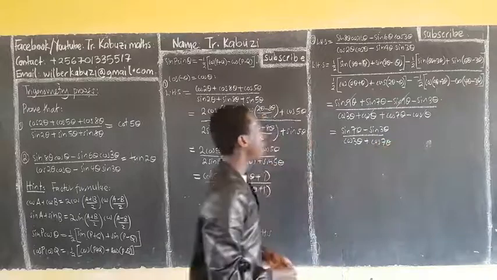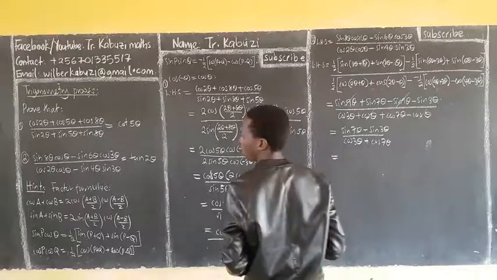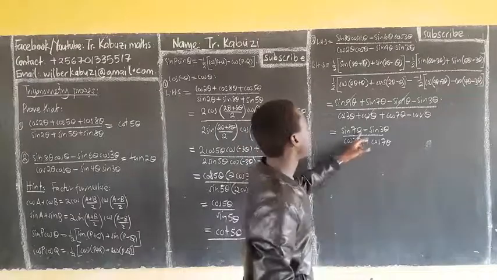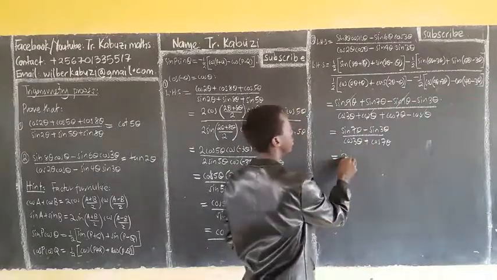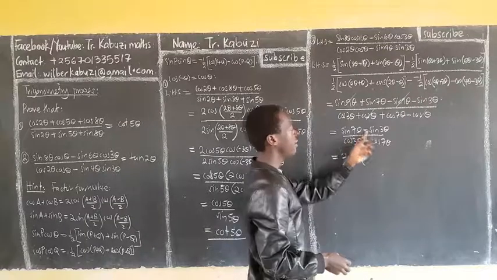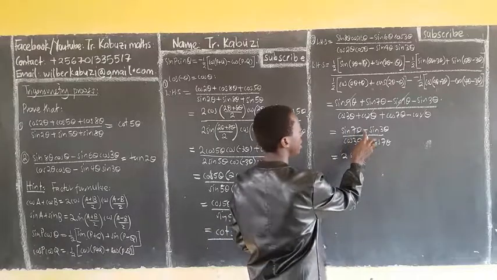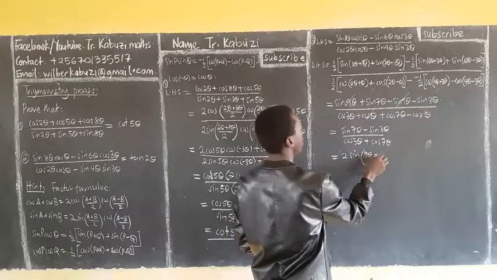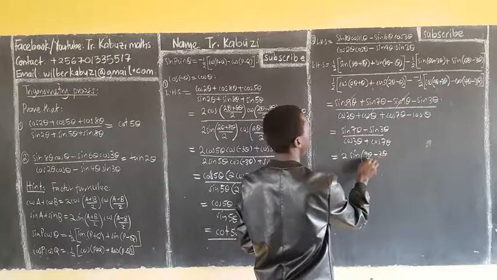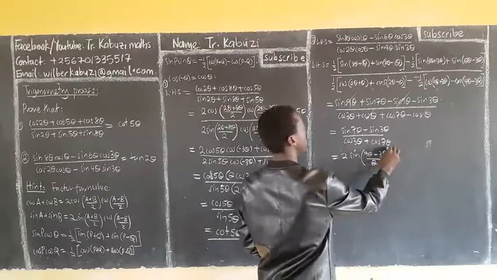Theta. So now, if we apply the factor formula here, we said if we are subtracting now, this will be 2 sine, now we subtract. If you are adding, you add, but if you are subtracting this, you get now 7 minus 3 theta over 2.